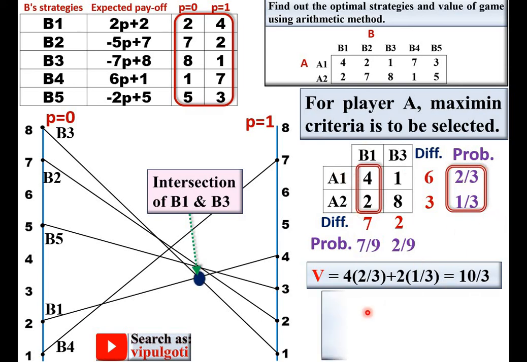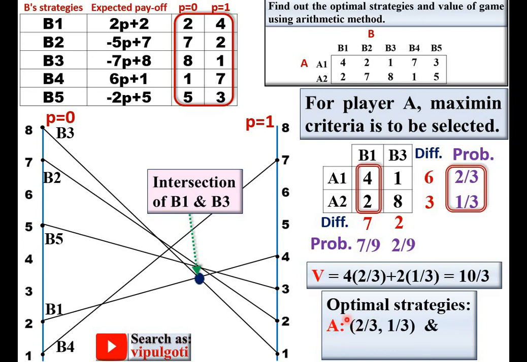Now next, I can write the optimum strategies for both players A and B. In the original problem, player A has only 2 strategies. So I can write the optimal strategy for player A: the probability for the A1 strategy is 2 by 3 and for the A2 strategy it is 1 by 3.